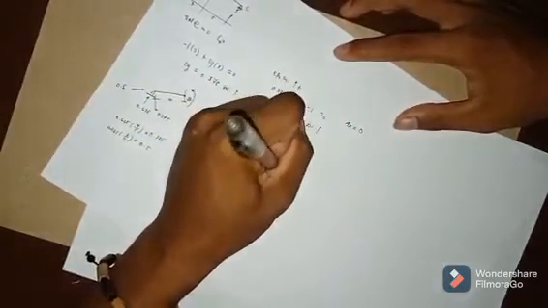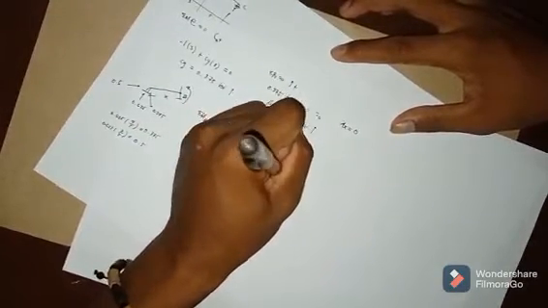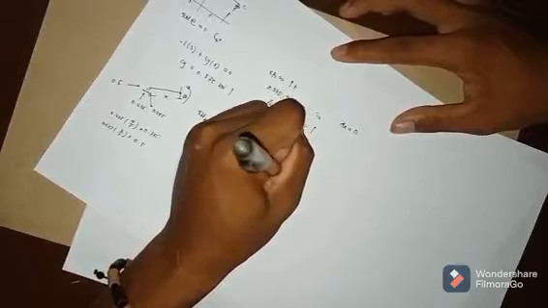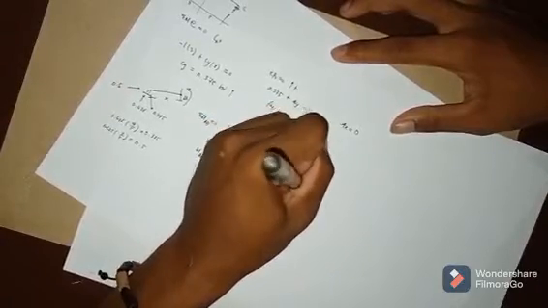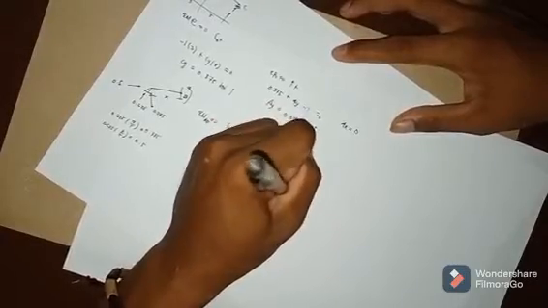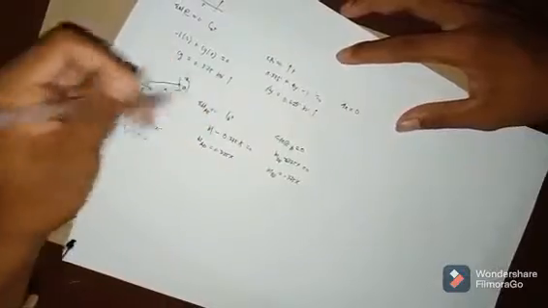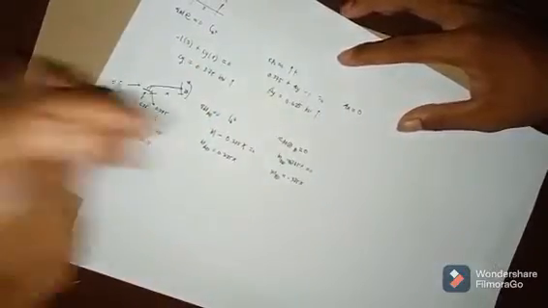So moment of BD is equal to minus 0.375 times x is equal to 0. So moment at BD is equal to negative 0.375x. So the last thing is the moment that happens at B and C.